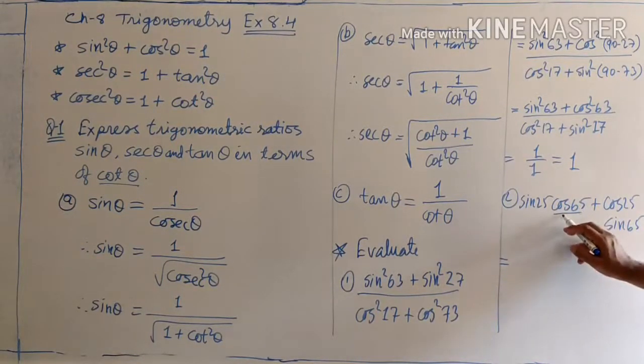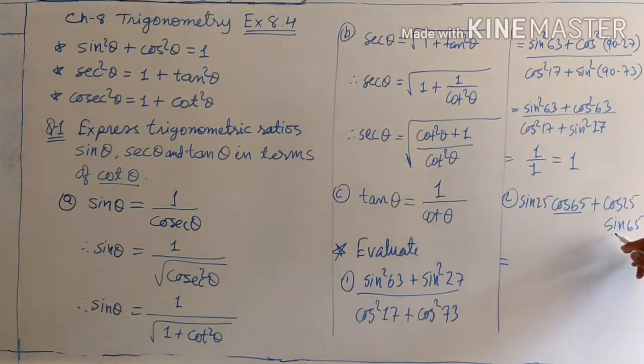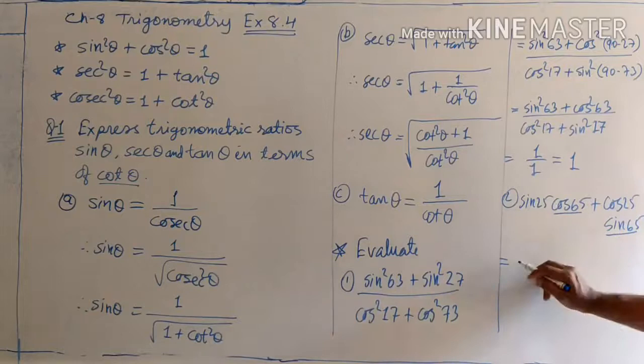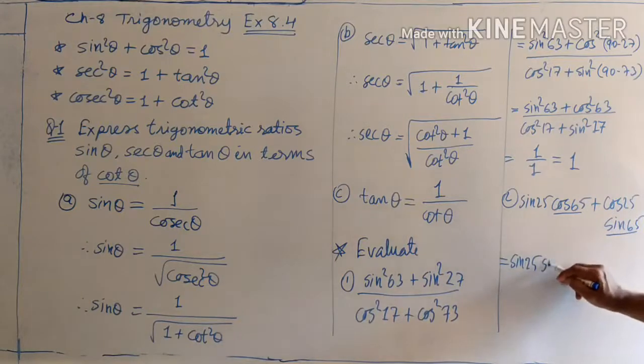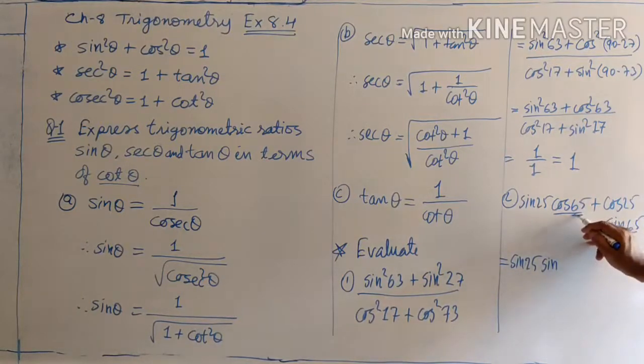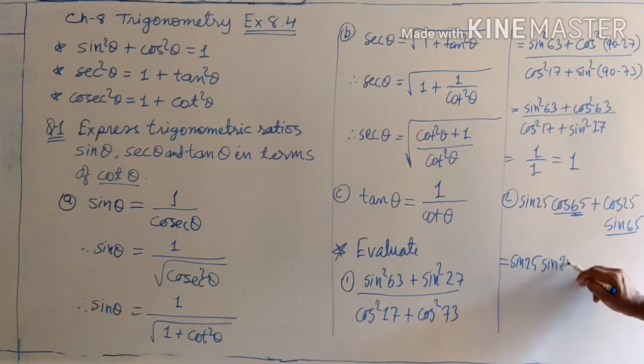If we take the complementary of cos here, it will get converted in terms of sin. Then here we have to take the complementary of sin. So here sin 25, complementary of this cos is also sin, and 90 minus 65, so it is 25.